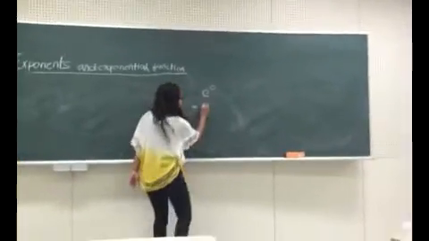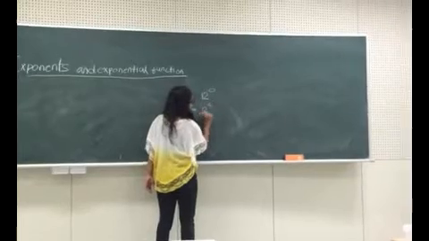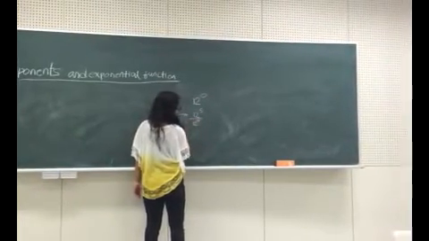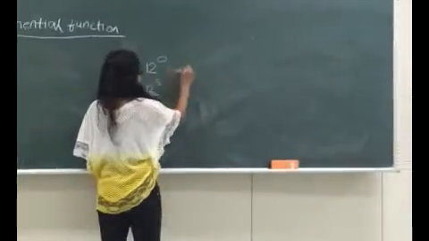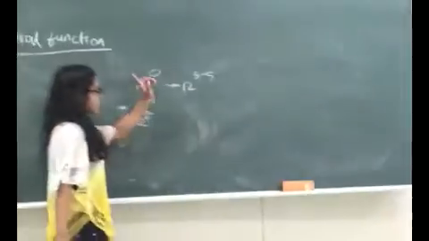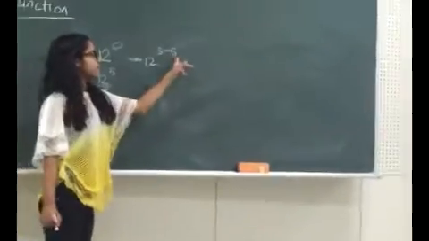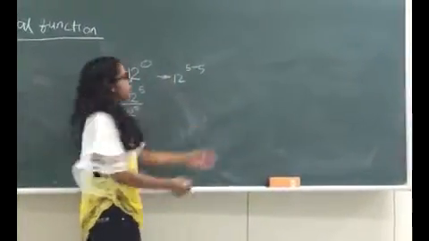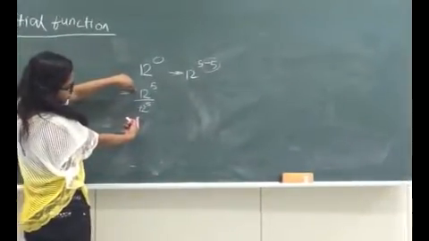Yeah, we can write it as 12 to the power 5 by 12 to the power 5, right? I just skipped one step, that is 12 to the power 5 minus 5. So 12 to the power 0 can be written as 12 to the power 5 minus 5.